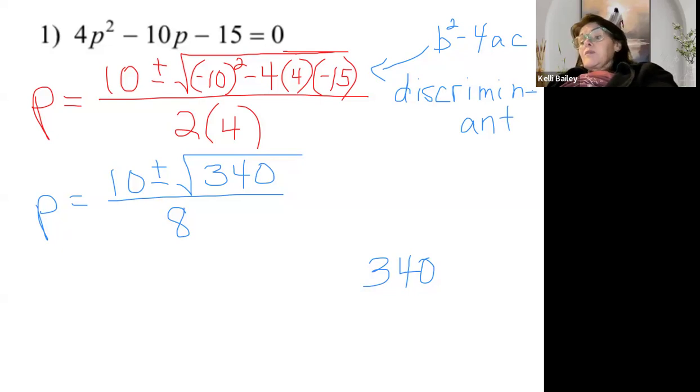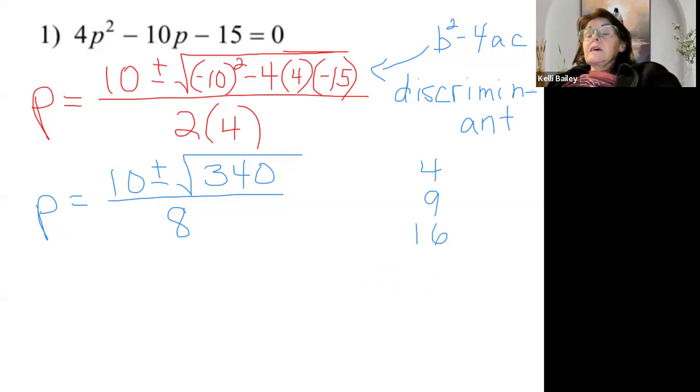So the next thing that I probably want to do is see if any of my numbers from my perfect square list fit in there. Let's see, I'm going to look at 4, 9, 16.